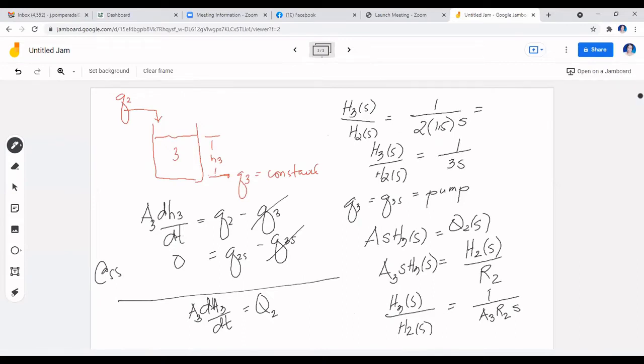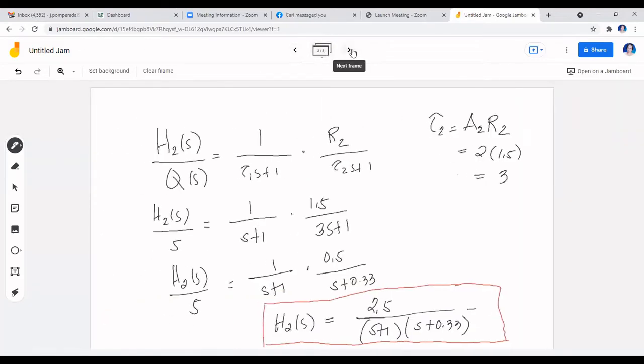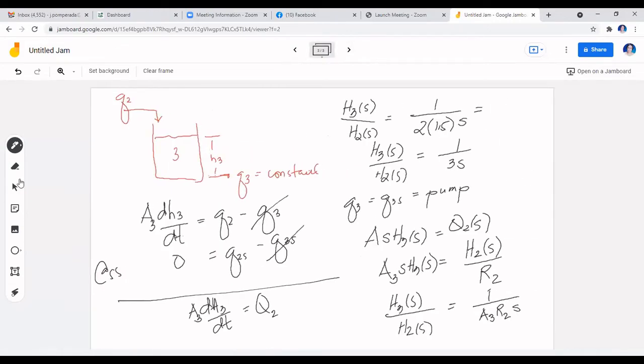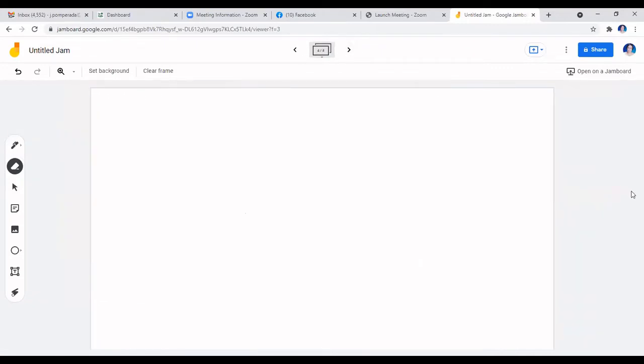This is the one that we will use together with this transfer function that we have in here to get H3 of S. Okay, we'll just have this. Okay, so we have H3 of S over H2 of S times H2 of S, multiplied to H2 of S, giving us H3 of S. So I'll now check what is this H3 over H2 in here.